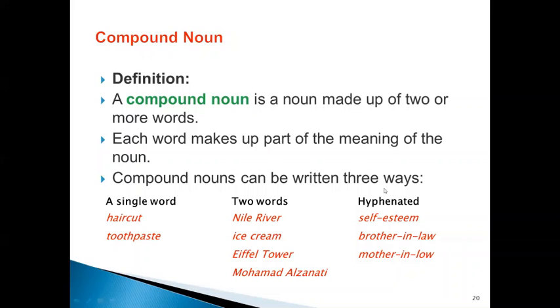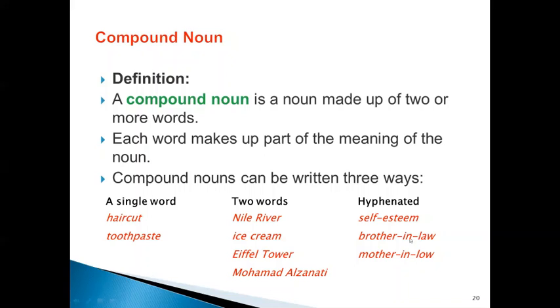Also, we use a hyphen. The hyphen, this mark between the words. So the third way of writing compound nouns is hyphenated. You know, ph here is pronounced as f. Hyphenated forms of nouns, such as self-esteem: self, we use a hyphen here and then esteem.